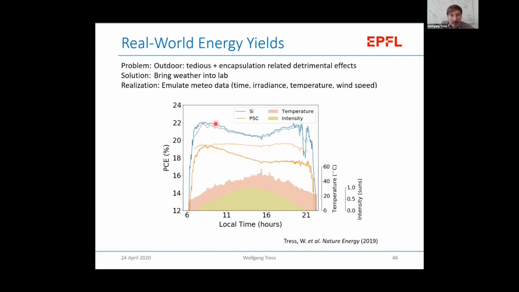And we can also already predict this behavior by just characterizing the device beforehand. This is the dashed line, and then plugging in this temperature and intensity data, we can already predict it. But for our perovskites, you can see that the predicted line is much less sensitive to temperature, because in this device, like in our organic materials, there are charge transport limitations.